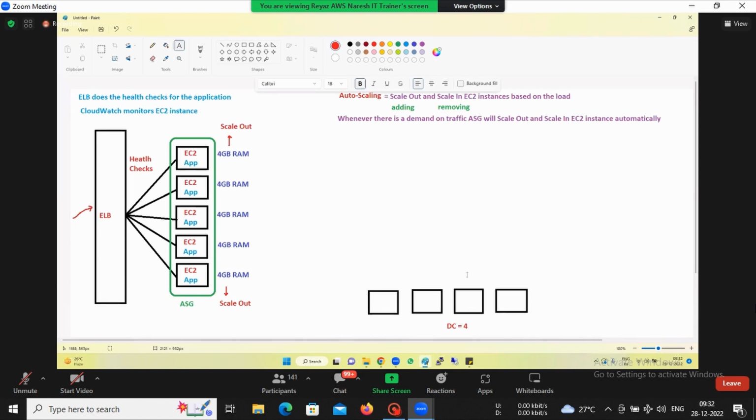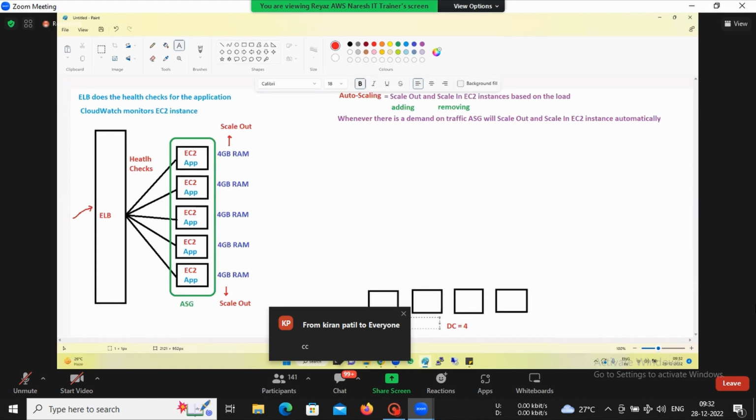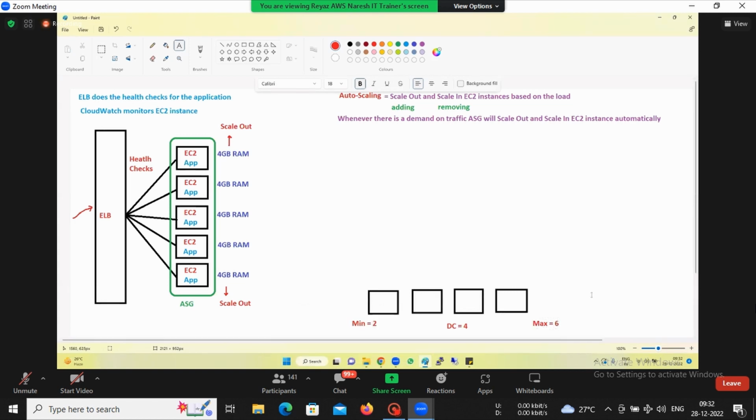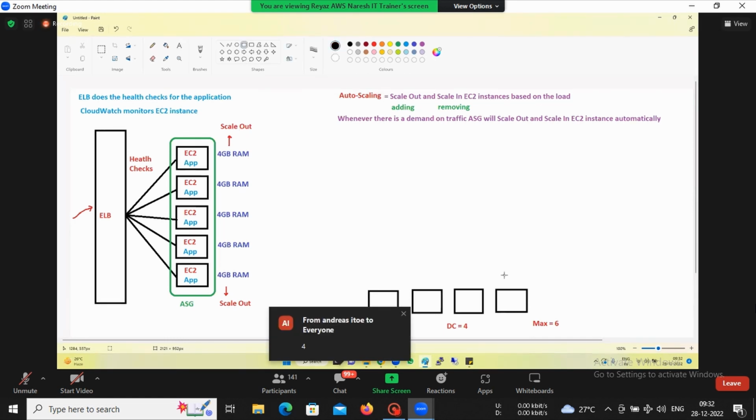Understood? I have put it as 4. Here, minimum in the group I should have, let's say for example, 2, and these are boundaries, no? Maximum I'll put 6, for example. How many EC2 instances are there now in my group? 4.